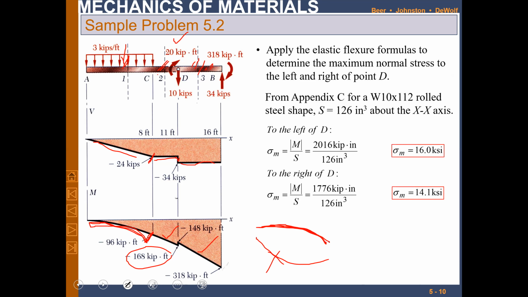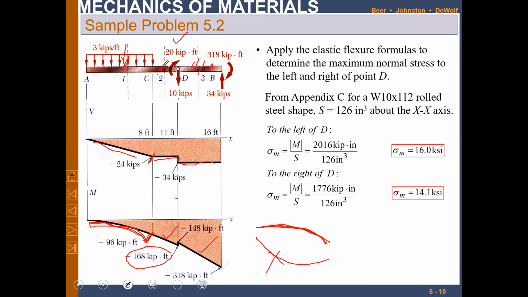So now, what we will do now, we will go from left to right. From Appendix C for this hot rolled steel, S is 126 inch cube, that is given to you about the x-axis, right?